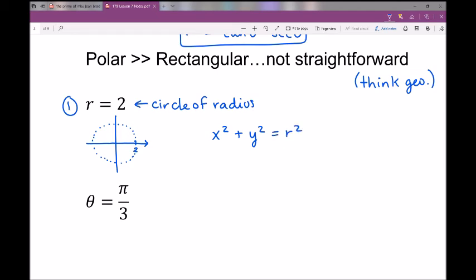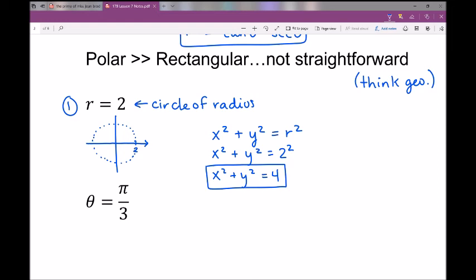But we know that r is equal to 2, so we can plug in 2. So we have x squared plus y squared is equal to 2 squared, and if we simplify that exponent, we get x squared plus y squared is equal to 4. That would be the rectangular equation of r equals 2.